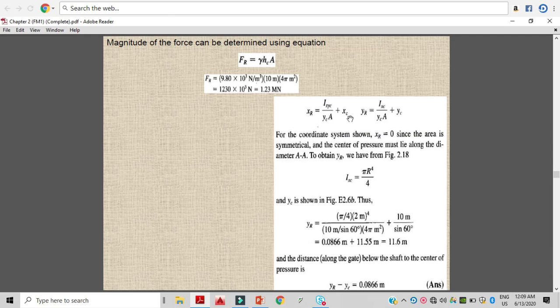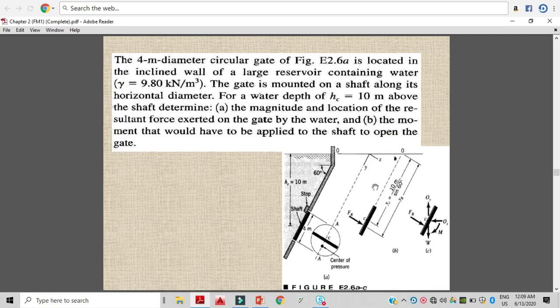These two, xc and yc, are known since hc is known and the angle is given, so we can easily calculate them. So yc is 10 over sine 60 degree, and in the same way we can calculate xc.